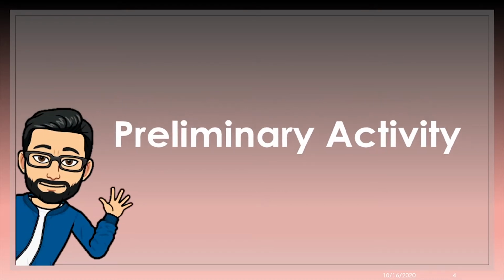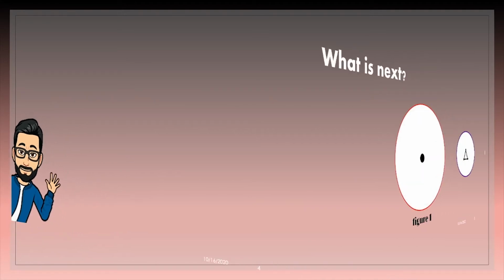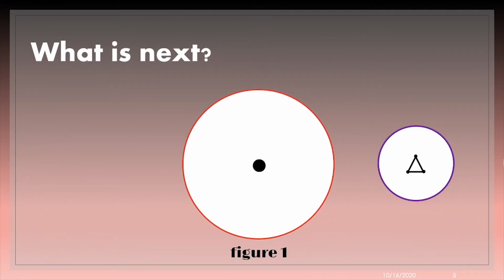Pero syempre, bago tayo magsimula, painit muna tayo. So, let us have a preliminary activity. Okay, so in this activity, you're going to identify the next term. What will be the next figure? So figure number 1, 1 dot.